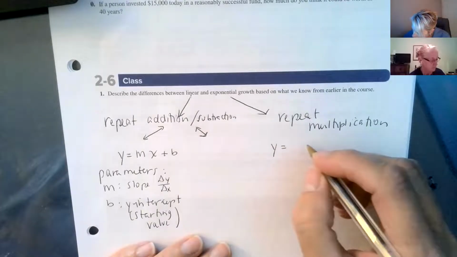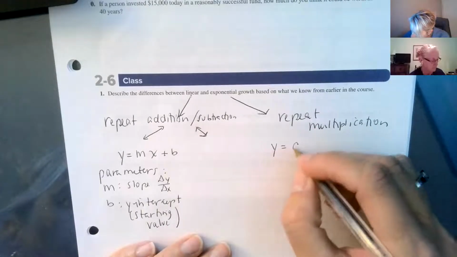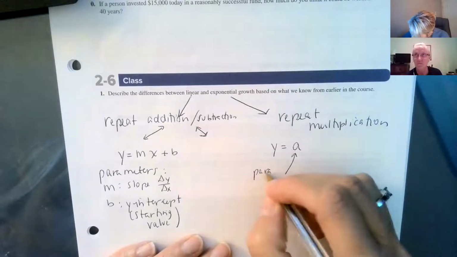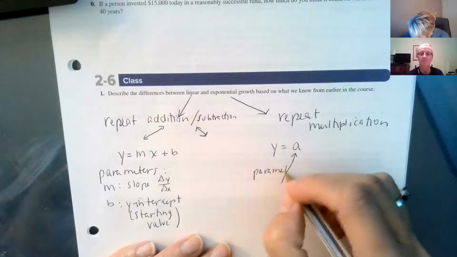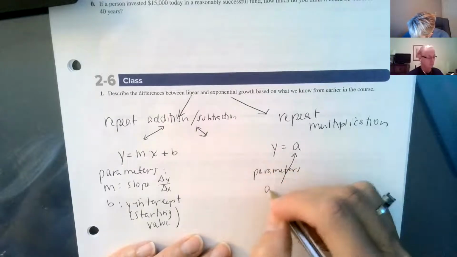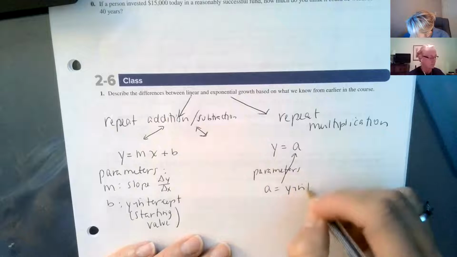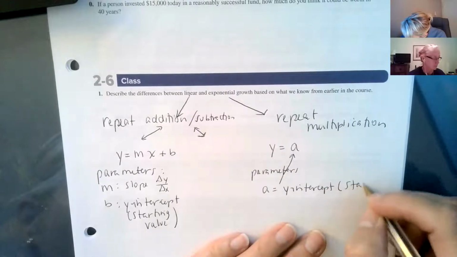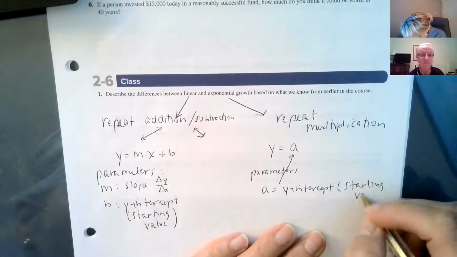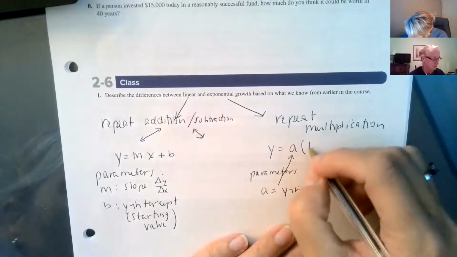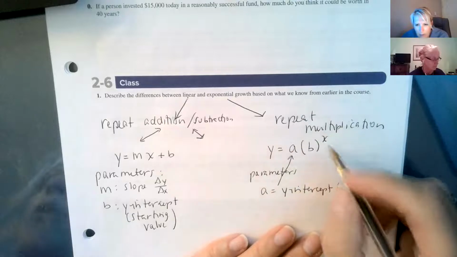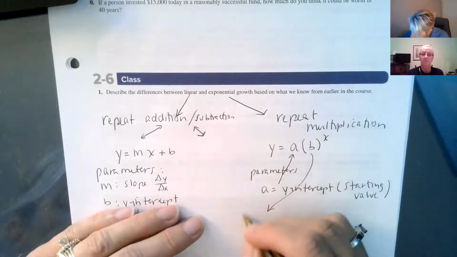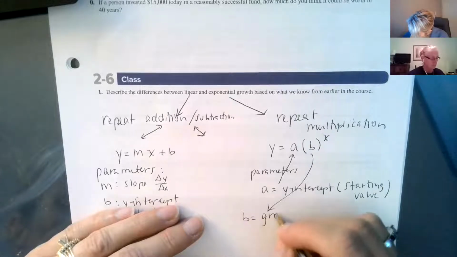We said the output can be modeled by, you've got the starting value, so the parameters are A, which is your y-intercept, starting value, times B to the exponent, that repeat multiplication when we were talking about the compound interest. And the B is your growth factor, that multiplier.